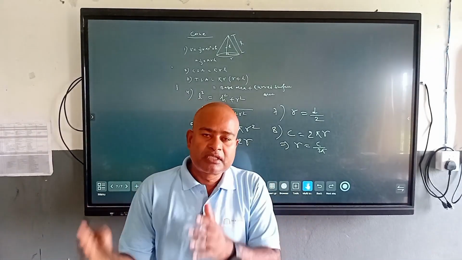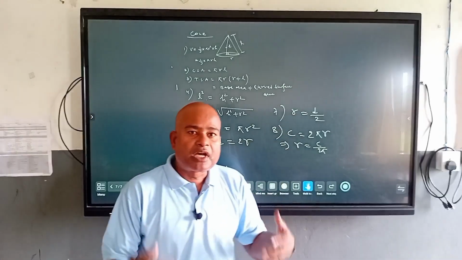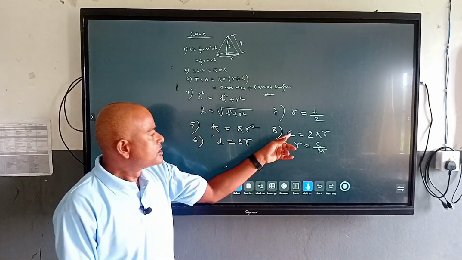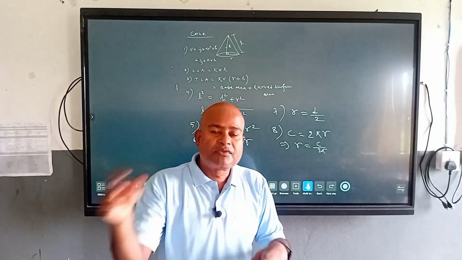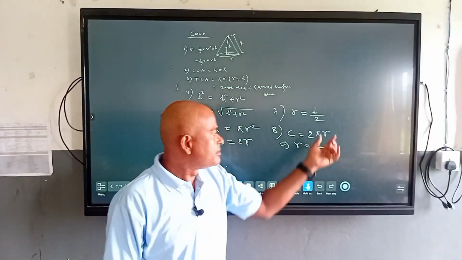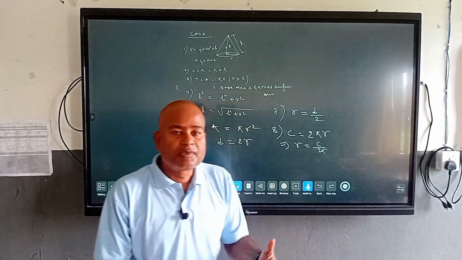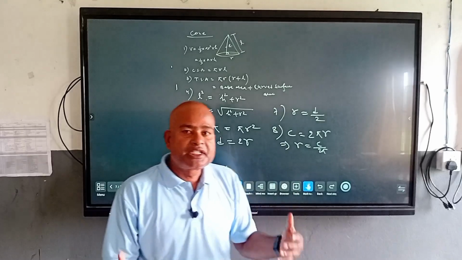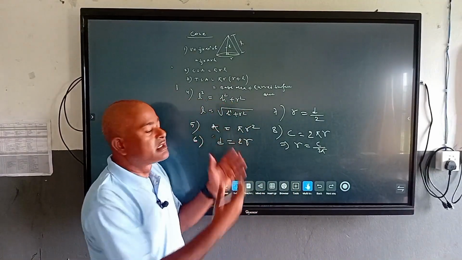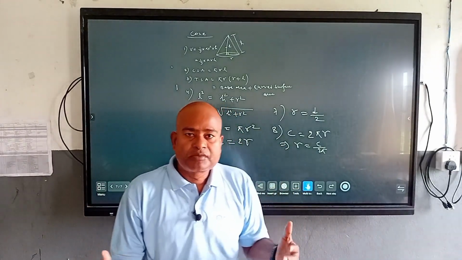So if we take the sum of the radius twice, then we get the diameter. Radius is equal to half of the diameter, that is r is equal to d by 2. The circumference of the base of a cone is given by the formula C equals 2 pi r. So from this we can derive the radius of the base of the cone, which is r is equal to C divided by 2 pi.